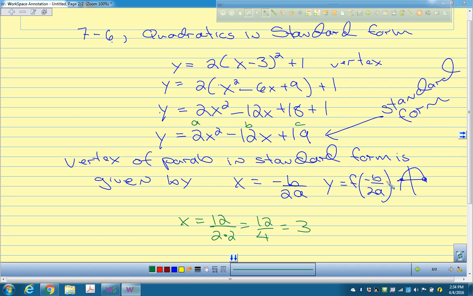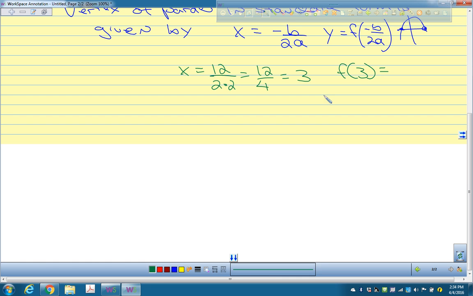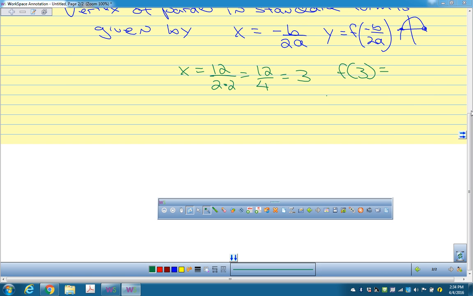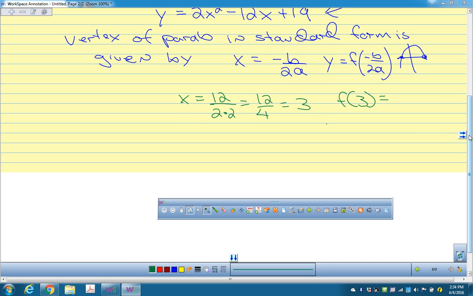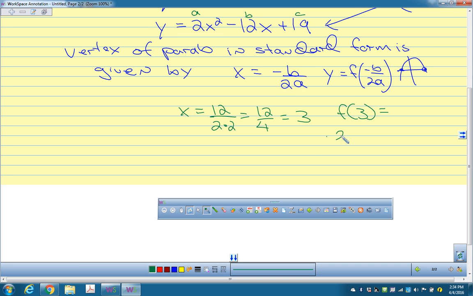So using this particular formula in this form, I plug in here. f of negative b over 2a means take 3 and plug it into the equation. Remember that? f of 3 just means take 3 and plug it into this equation. So f of 3 is equal to 2 times 3 squared minus 12 times 3 plus 19.